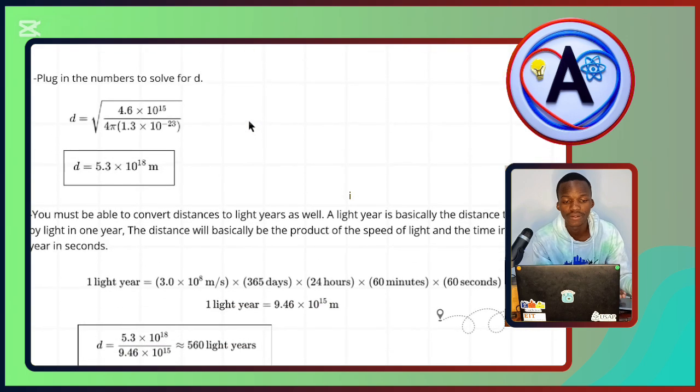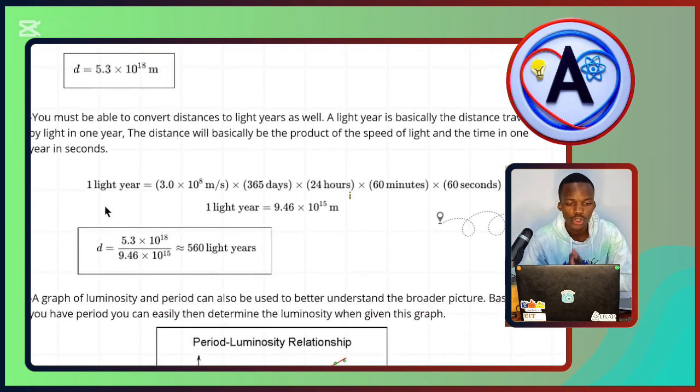If we plug in all our values, we have 4.6 times 10 to the power of 15 over 4 pi times 1.3 times 10 to the power of negative 23. You get a value of D that is equal to 5.3 times 10 to the power of 18. A little side note: you must also be able to convert distances to light years. What's a light year?